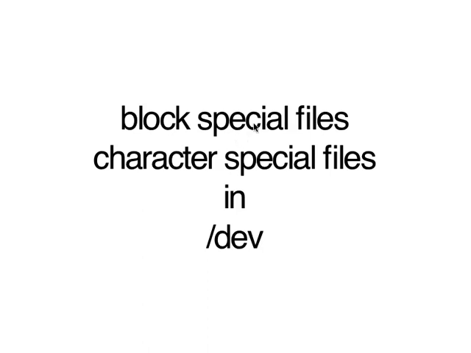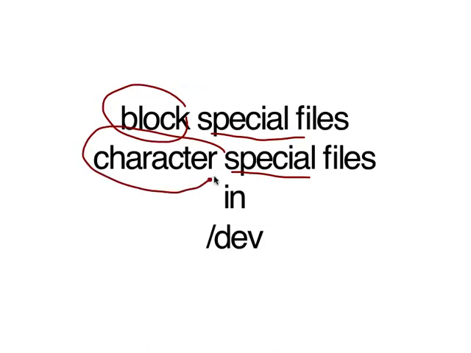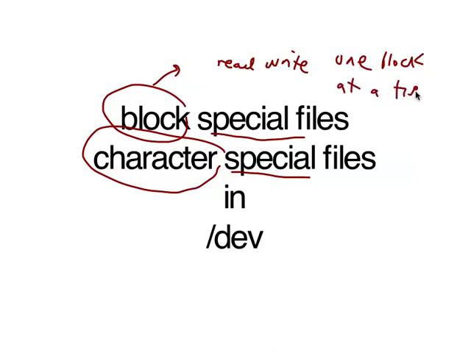These are usually called the special files, and they can be either a block special file or a character special file. A block special file means that you read and write through the file one block at a time. And a character special file just means that you read and write 1 character at a time.